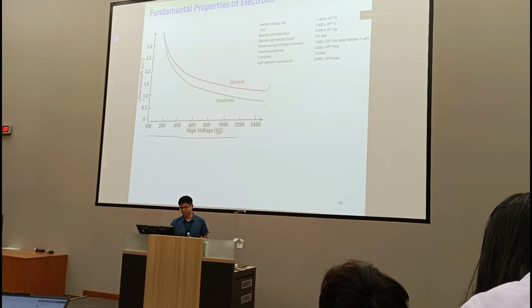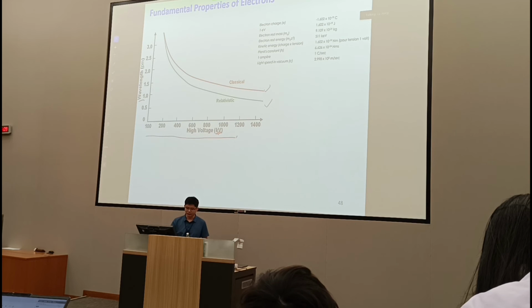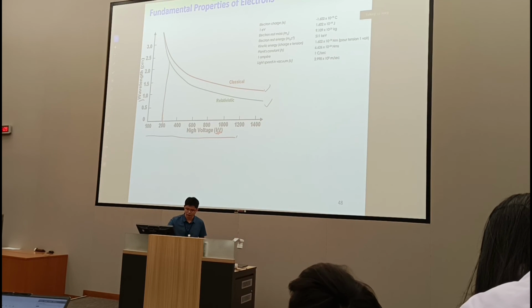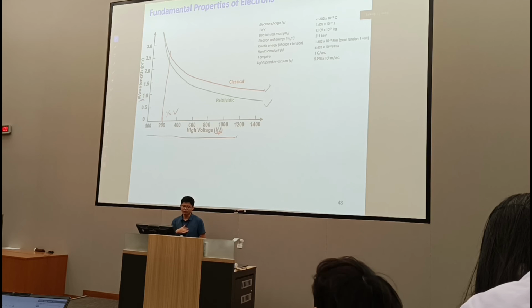The classical one and the one with the additional relativistic term take a major impact when you have a high acceleration voltage around 200 kilovolts. Below 100 is almost the same, but above 200 you start to derail.